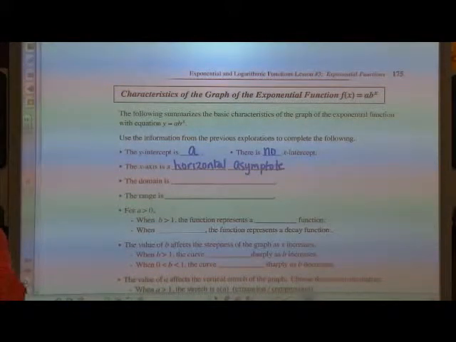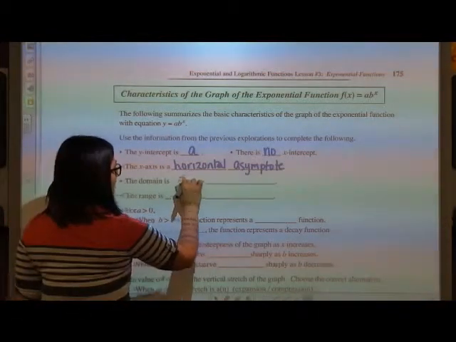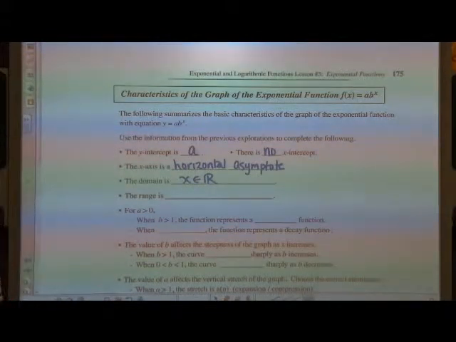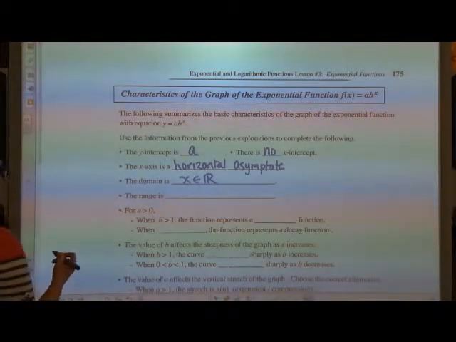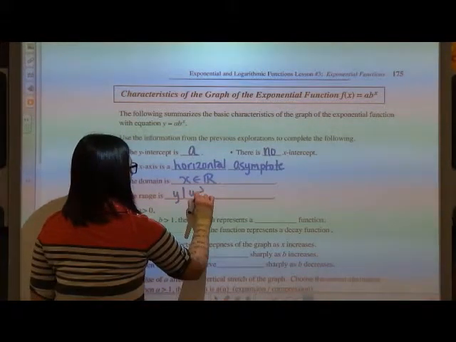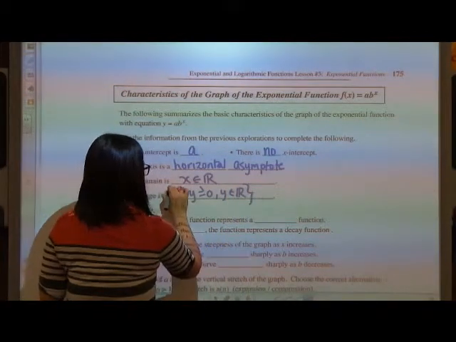The domain for every exponential function is that x can be any real number. As an exponent, there is no restriction as to the type of exponent that I could have for x. The range is that y is greater than 0, and y is an element of the real numbers.